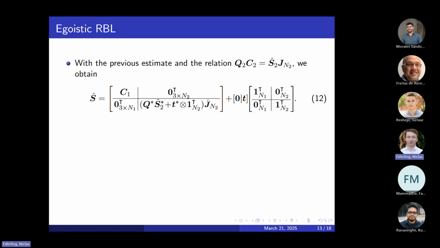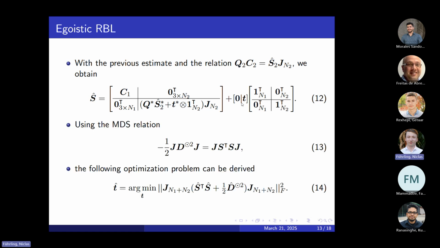And now the only parameter that is left that we don't know is the translation, which we want to find. So using the MDS relation that I just explained, we can find the following optimization problem that is convex and can simply be solved by conventional methods to now solve for the translation vector T, which is contained in the S hat.